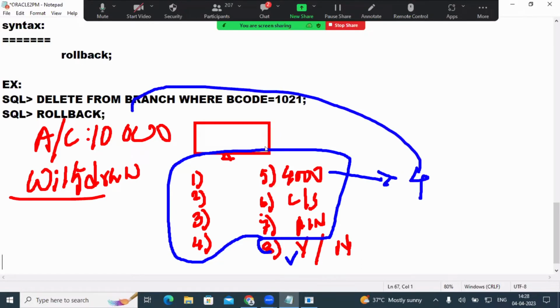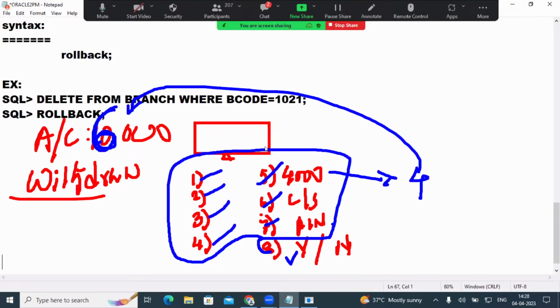Immediately in your database, the account details change to 6,000 rupees. So once you click on yes, what happened? First committed, second committed, third committed, fourth, fifth, sixth, and seventh also committed.